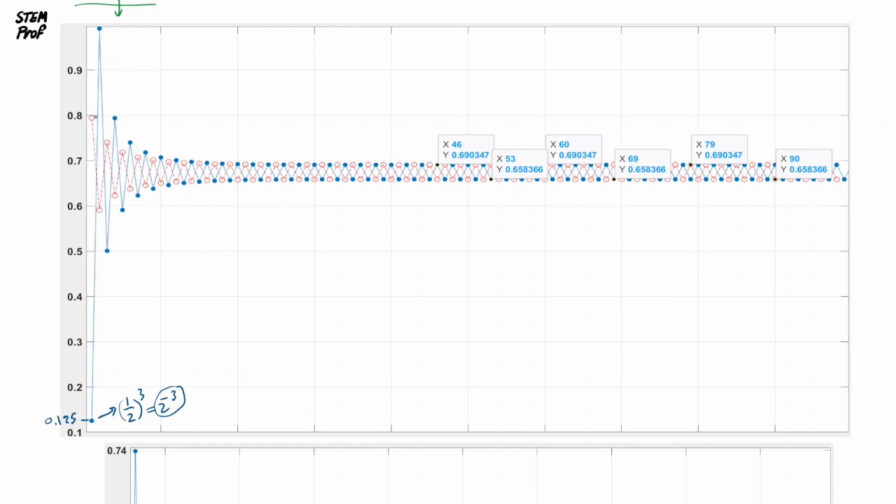Correspondingly, if somebody is interested in starting from, let's say, the red dot, which is effectively 1 over 2 to the power of 1 over 3. So the difference between the red and the blue is the blue one is doing 1 over 2 to the power 3. In the red one, we are doing 1 over 2 to the power 1 over 3. So it would be somewhere close to 0.8. Initially, these two approaches end up with different initial values, but then they converge.